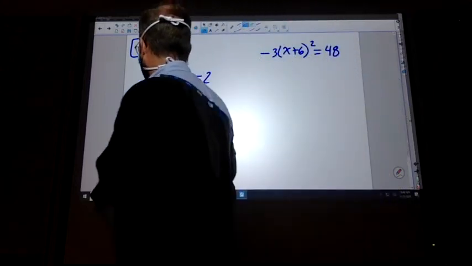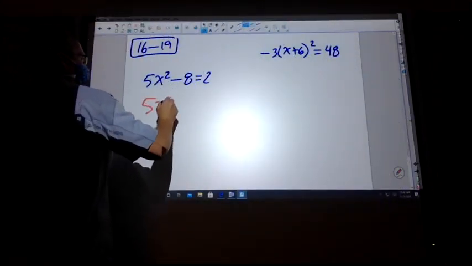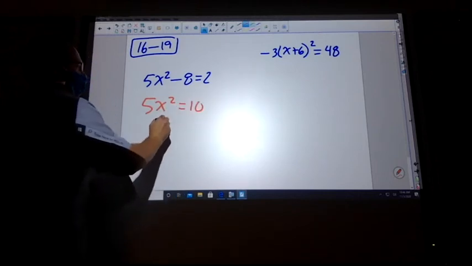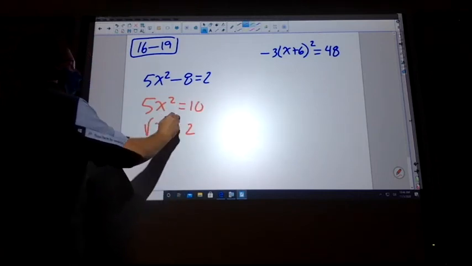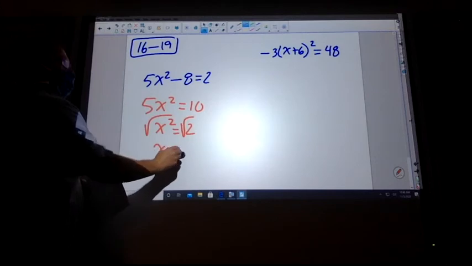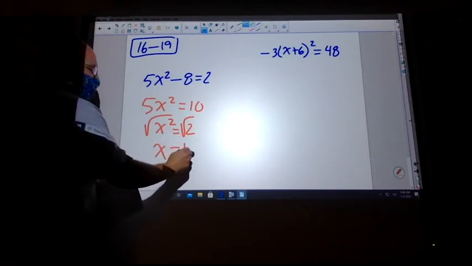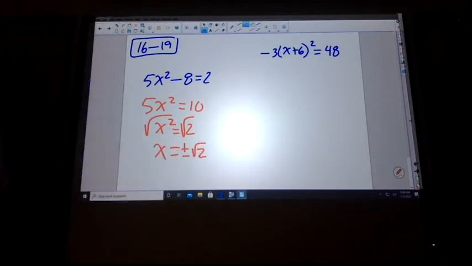Very similar types of problems. So first problem, I would do this. Then I'd do this. Take the square root. Don't forget the plus or minus. Very good. So that's the first answer.